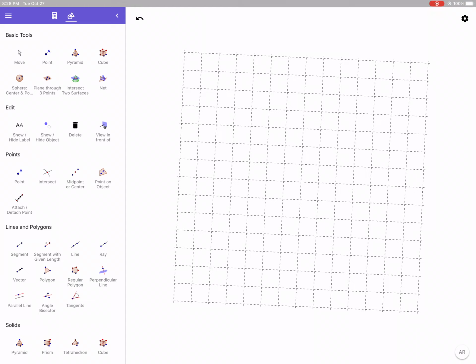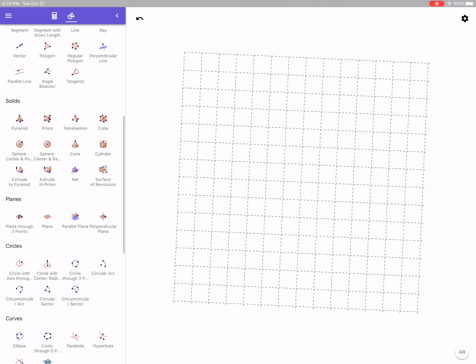Since I'm trying to compare a prism to a pyramid, I want to make sure the sizes are exactly the way I want them. So if you go down to the solids, we've got pyramid and prism, which would make them for you, but I prefer to use extrude to pyramid and extrude to prism because they tend to make the graphs the way I want them. I have more control over the size of them and things like that.